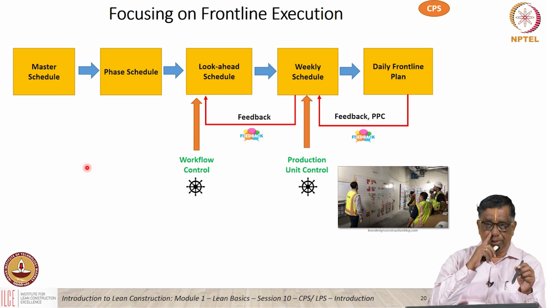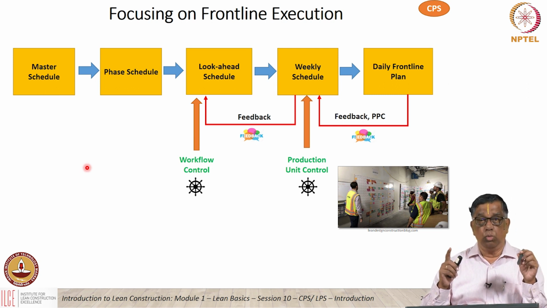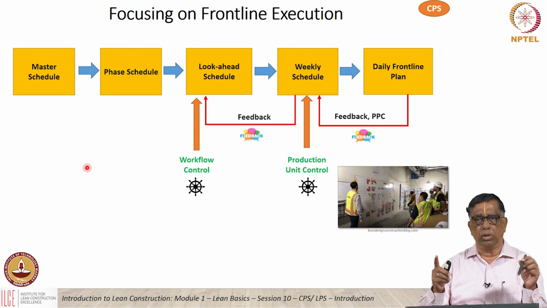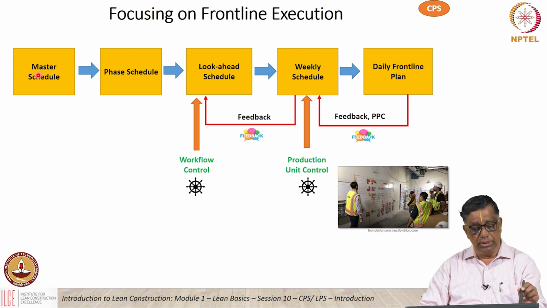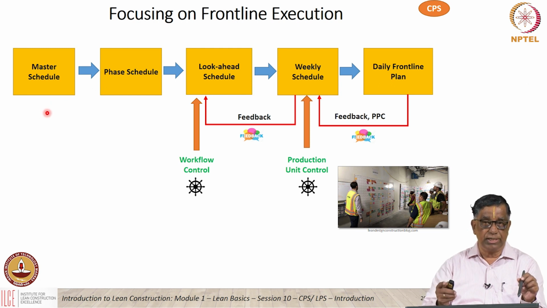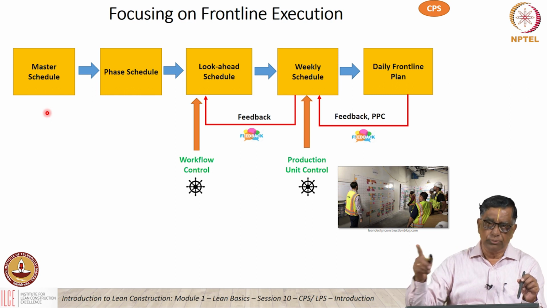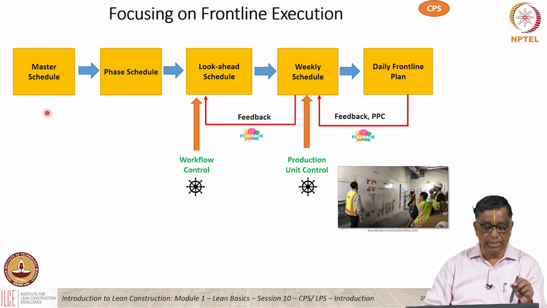So in lean, we start with the overall network, at very, very broad granularity. We have what is called the master schedule. The master schedule looks at the main milestones, the broad understanding, the contractual agreement between the client and the contractor. So we don't go into too much detail at this stage. We have the broad sequence and the timelines.